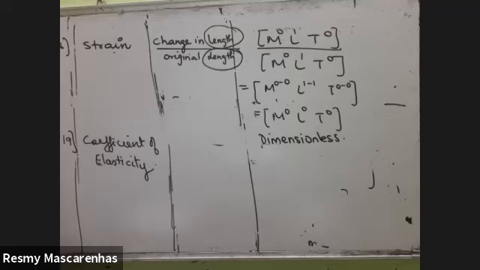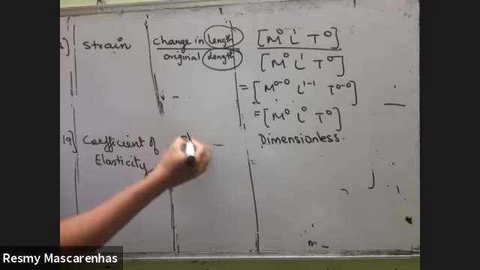Now coefficient of elasticity will be stress upon strain. So you will come across different coefficients. When you calculate stress and strain, you divide and then you'll get a number, because different objects will have different coefficients of elasticity.